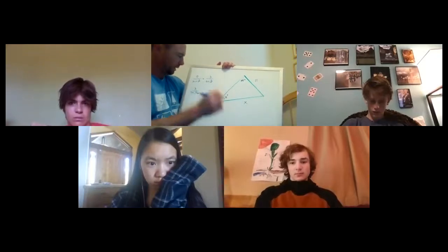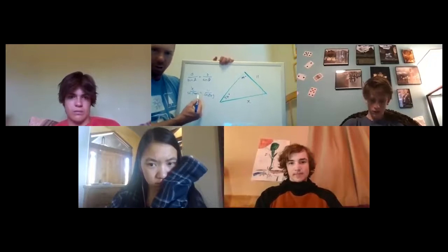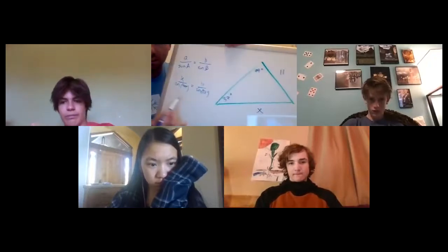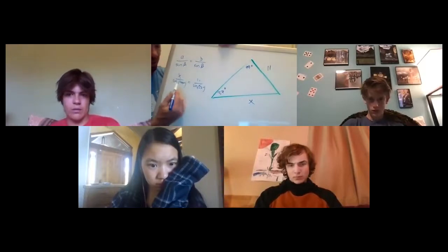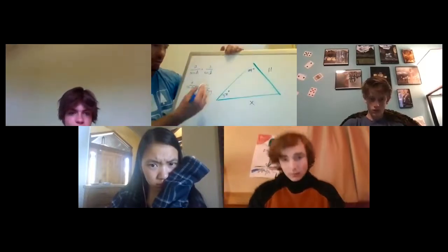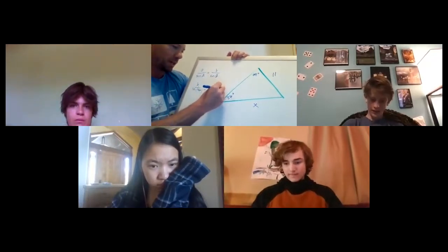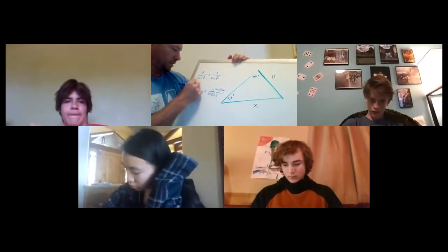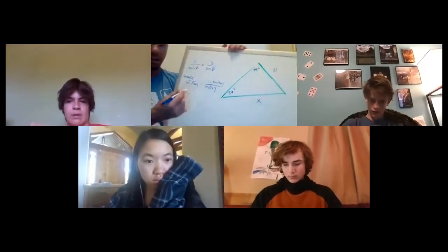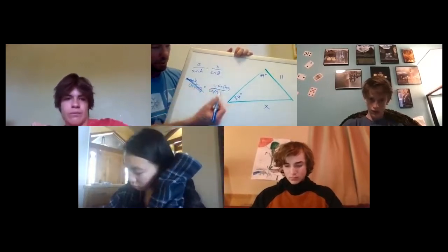The nice thing about the law of sines is it just takes one step to get x by itself. I just have to multiply both sides by the thing underneath that. So sine 99, sine 99, and these cancel, and that's what x is.